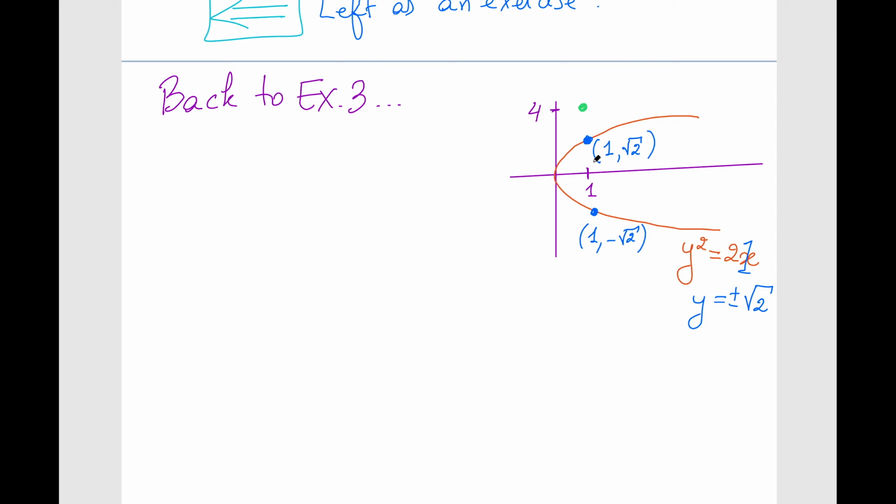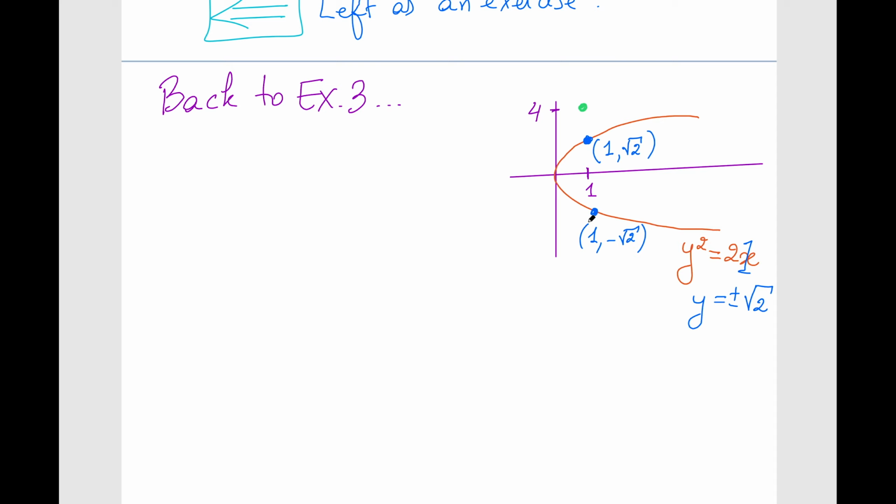My point was that this point, which has first coordinate 1 and second coordinate 4, is certainly bigger than square root of 2, right? Square root of 2 is smaller than 4, obviously, because 2 is smaller than 16. Okay, that makes sense. So that green point should be above the graph.